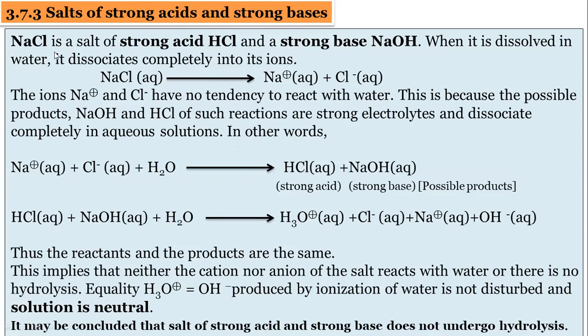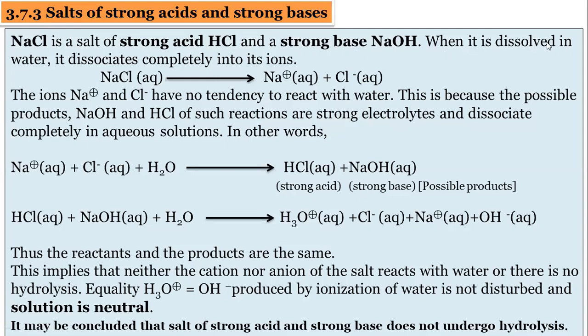NaCl, you know, is a very commonly used salt, sodium chloride. This is a salt of a strong acid and a strong base: the strong acid HCl and the strong base NaOH. By using this strong acid and strong base, this NaCl salt is prepared.